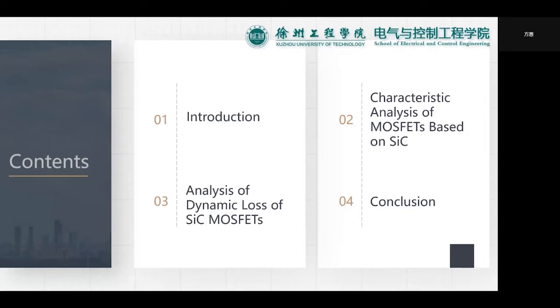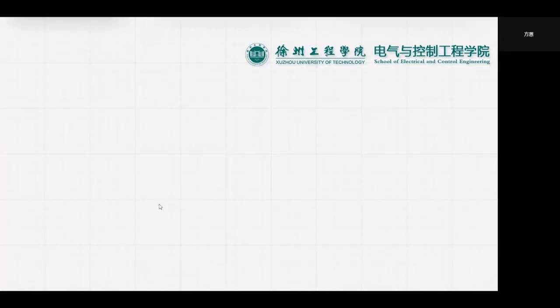In the second part, I will show you the characteristics analysis of MOSFETs based on silicon carbide. In the third part, I will show you the analysis of dynamic loss of silicon carbide MOSFETs. And in the last part, I give the conclusion with my modulation model and results. So let's start.